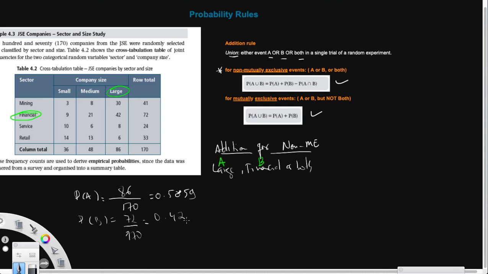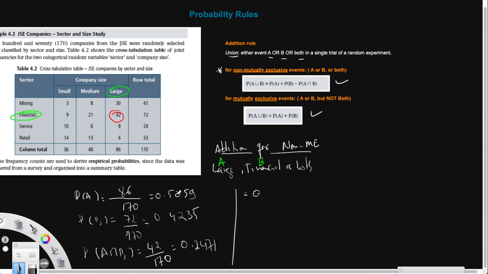We have 0.435. And the last one that I'll do is the intersection of large and financial. If you follow with me, the intersection here almost goes back to one of the principles that we have looked at already. So you do 42, you divide it by the total again, and this is what you get. And your next step now will be to add the two and remove the intersection.